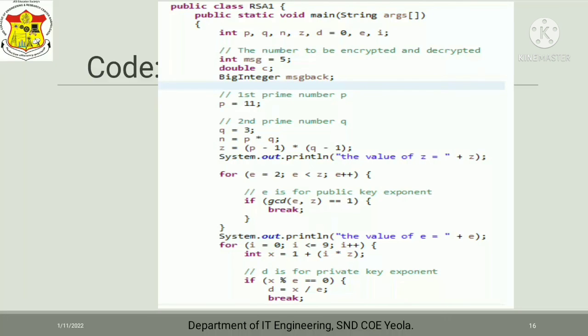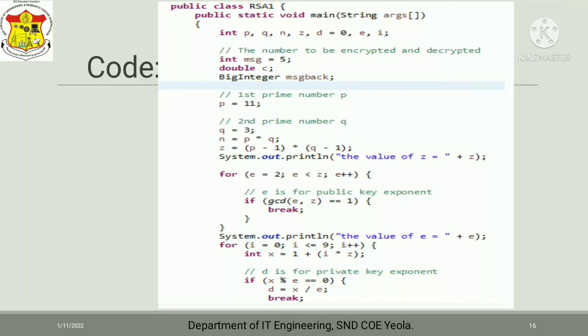After this, calculate phi of n, that is z is equal to p minus 1 into q minus 1. To print the value of z, that is system.out.println. Next, select the value of e in such a way that it should be greater than 1 and less than phi of n, that is z.